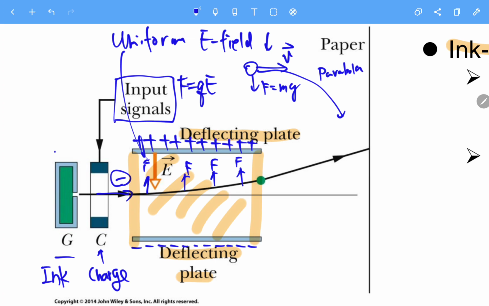If you just flip it upside down, then it is actually the same as this. But here, if we control the charge amount, then we can control where the green dot goes, or maybe I change the color. Then we can control which position of the paper the green dot goes to. So by changing the charge amount, we can control the position.